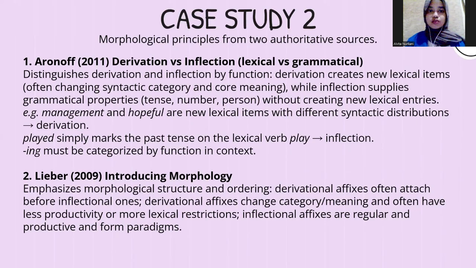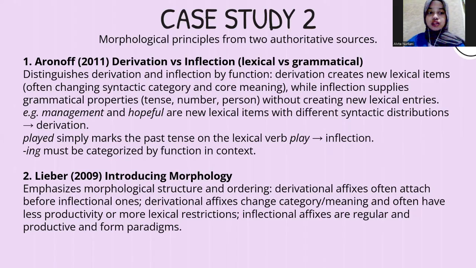And here are the morphological principles from two authoritative sources. The first one is Aronoff in 2011, about derivation versus inflection. Aronoff distinguishes derivation and inflection by function. So derivation creates new lexical items, often changing syntactic category or core meaning, while inflection supplies grammatical properties without creating new lexical entries.